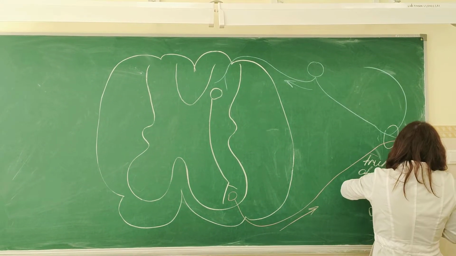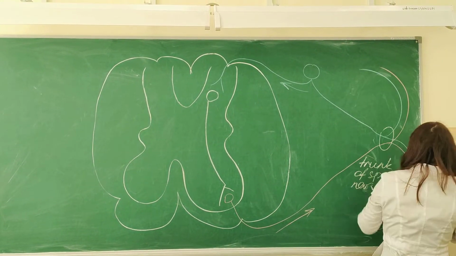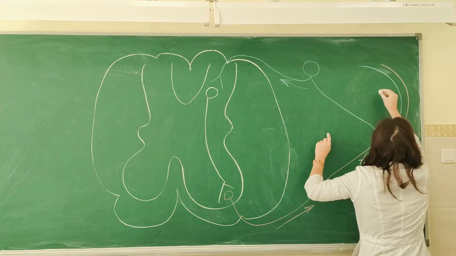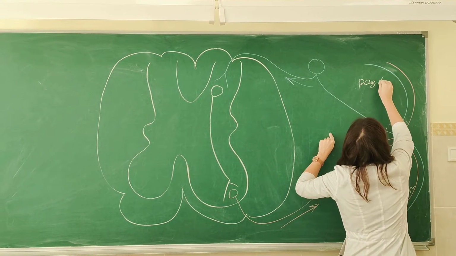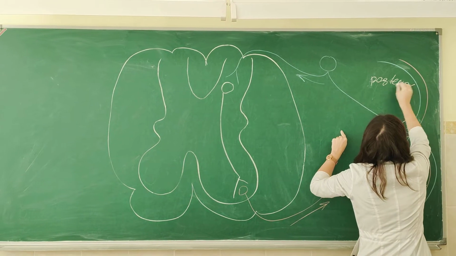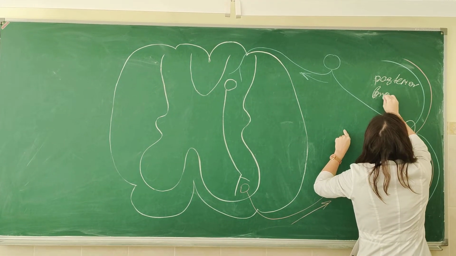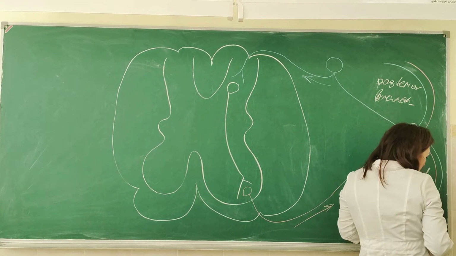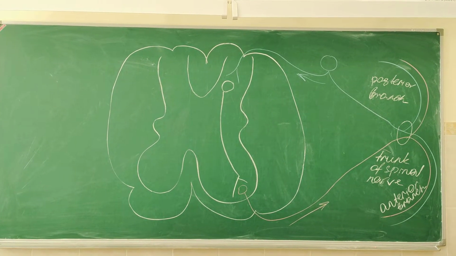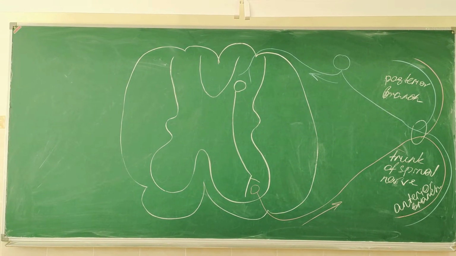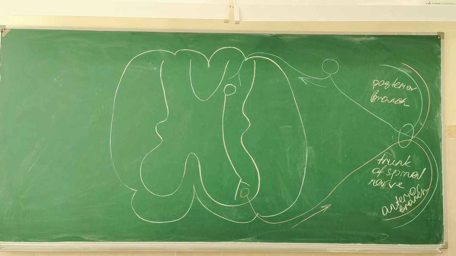So they are bidirectional, as you see. They transmit impulses both to and from the CNS, from the spinal cord. That's why the nerves which we will start to study today are mixed, so they are responsible for both movement and sensation.